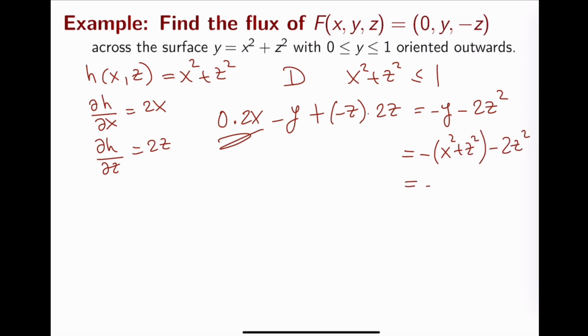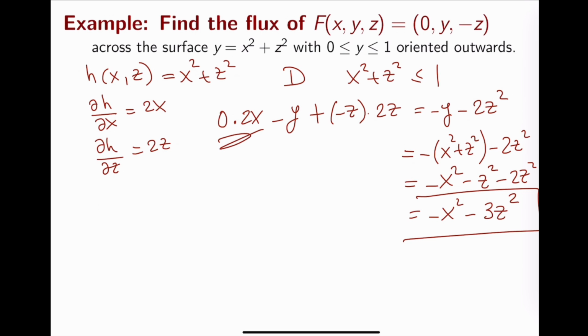And so simplifying, combining like terms, minus 1z squared minus 2z squared is minus 3z squared. Okay, so then this is the integrand that we will use to calculate the flux.